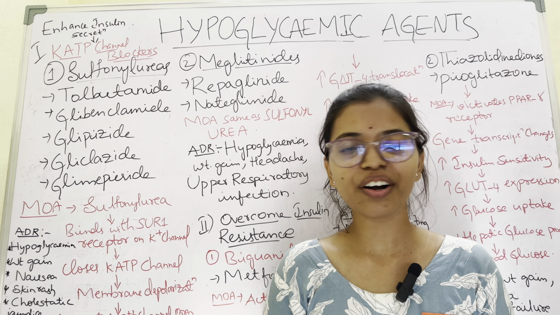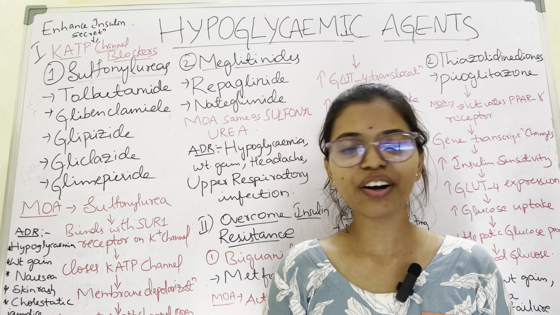Under the potassium channel blockers, there are two classes of drugs: sulfonylureas and meglitinides. Both come under potassium ATP channel blockers.